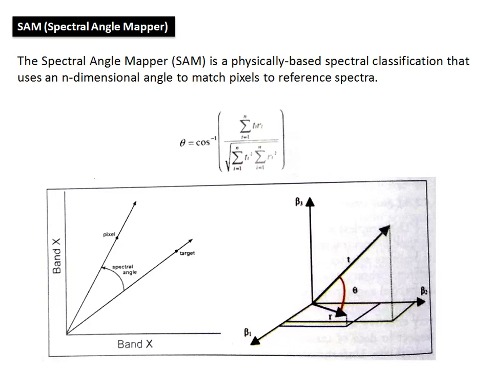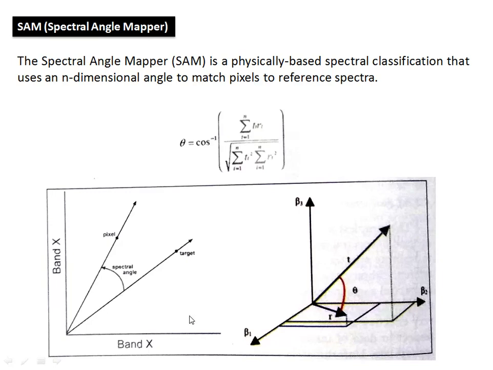So to determine the spectral similarities, an n-dimensional angular measurement between the spectra can be determined, and the spectra of individual pixels are considered as vectors in n-dimensional space, where n is the number of bands, and each vector has a certain length and direction.